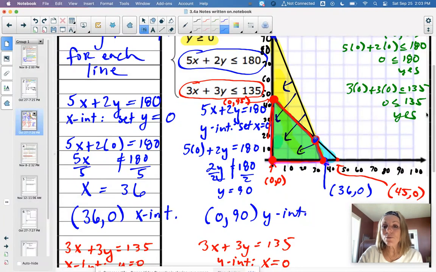They intersect right here. When two lines intersect, we can find out what x value and y value they have in common, and that will be our final vertice.